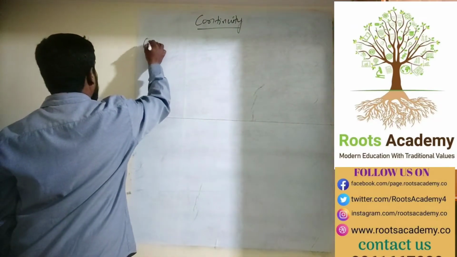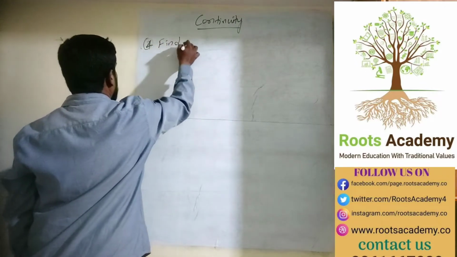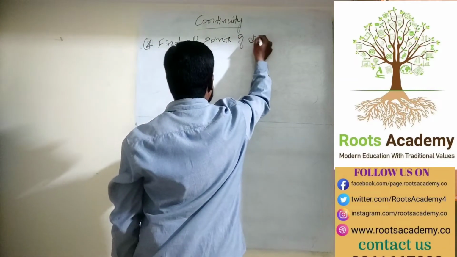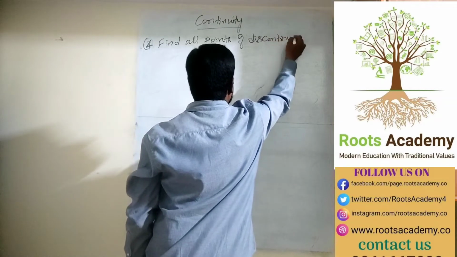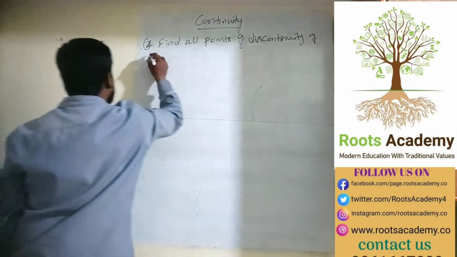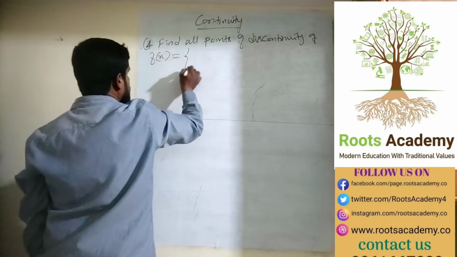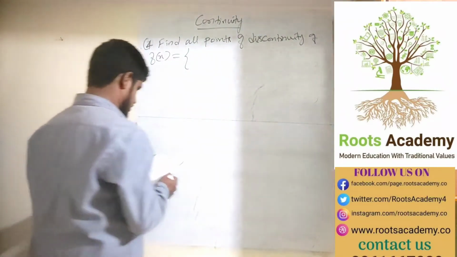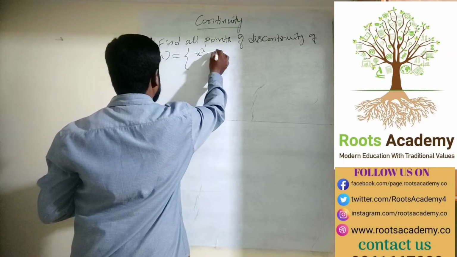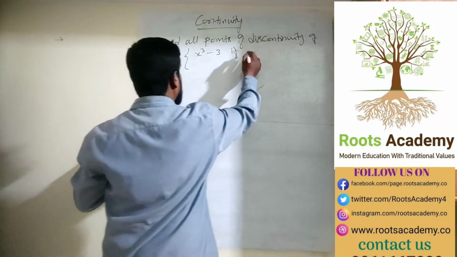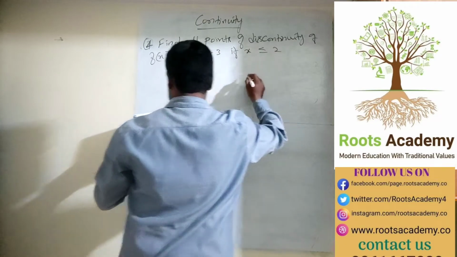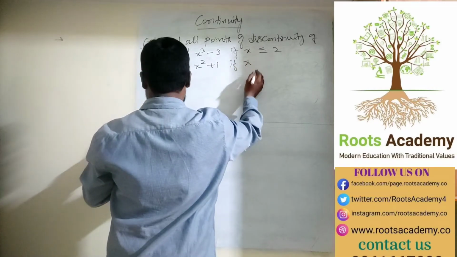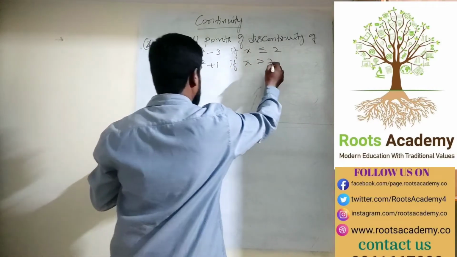Find all points of discontinuity of the function f of x is equal to x cube minus 3 if x is less than or equal to 2, x square plus 1 if x is greater than 2.